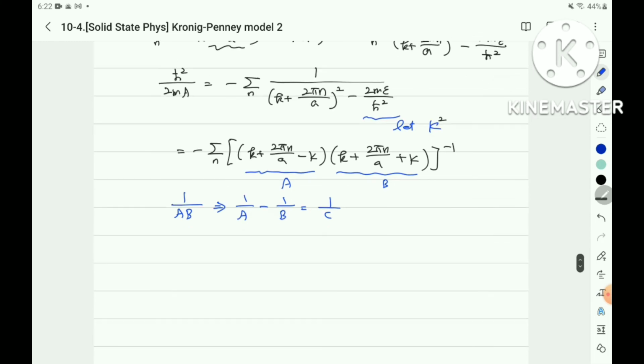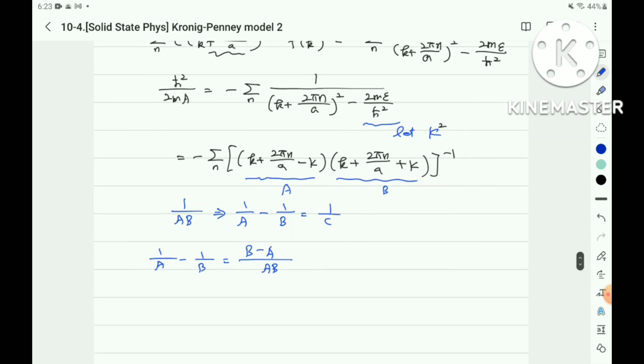And basically, 1 over a minus 1 over b is b minus a over ab. Therefore, in this case, b minus a here, b is like this, and a is like this.